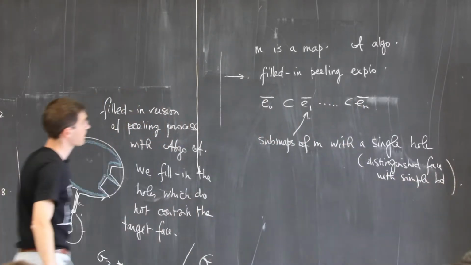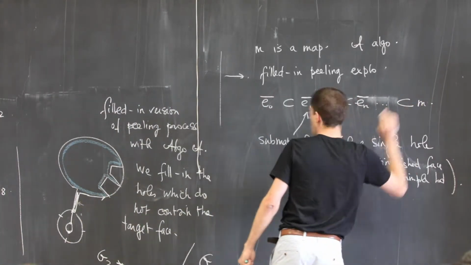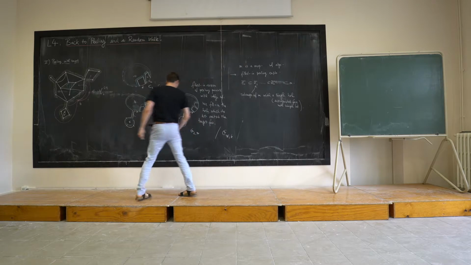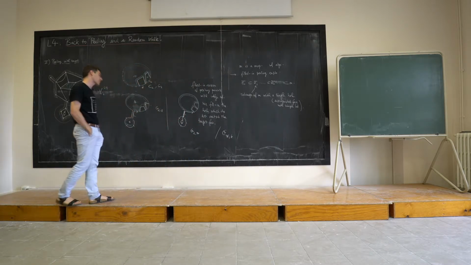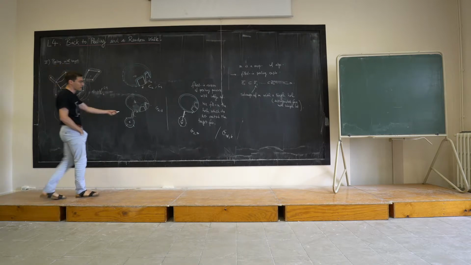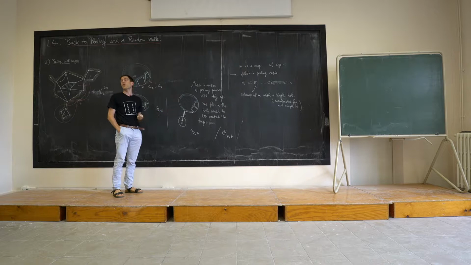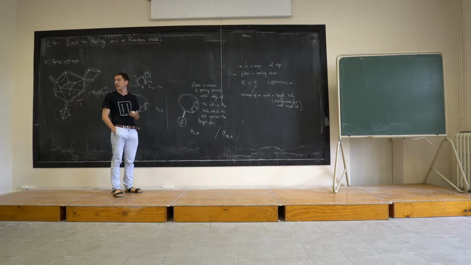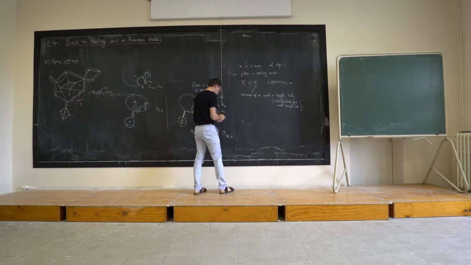All right? And OK, so there is a difference with the general peeling of yesterday, which is that at some point we will discover the target face, right? So at some point we are facing a hole.